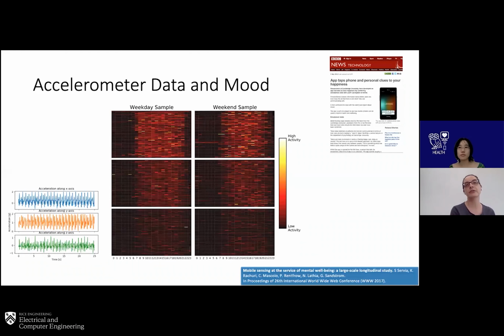This is a project from 2013 where we crowdsourced data from mobile phones. We put out an app that was picked up by the BBC and other venues to collect data that users would want to volunteer about their mood. We were asking for self-reported moods, but we were also passively sensing data.